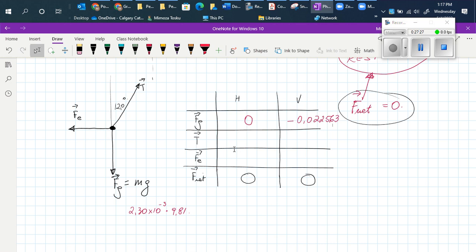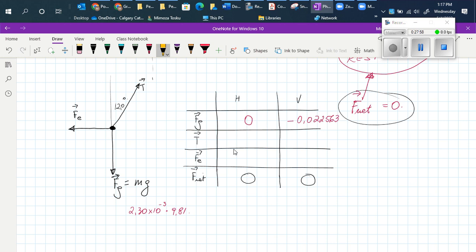So in those cases, you will fake as knowing the horizontal component and the vertical component of the tension, even though you don't know the magnitude of the tension.